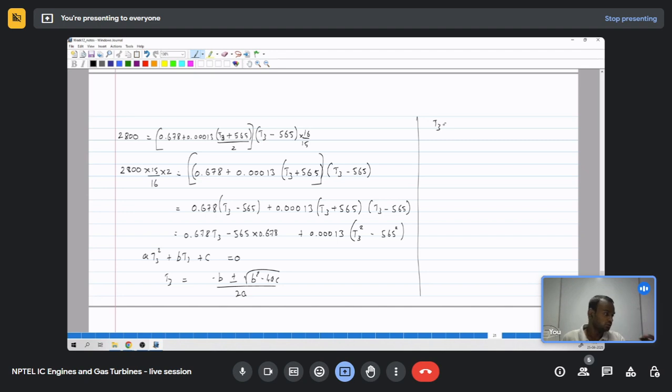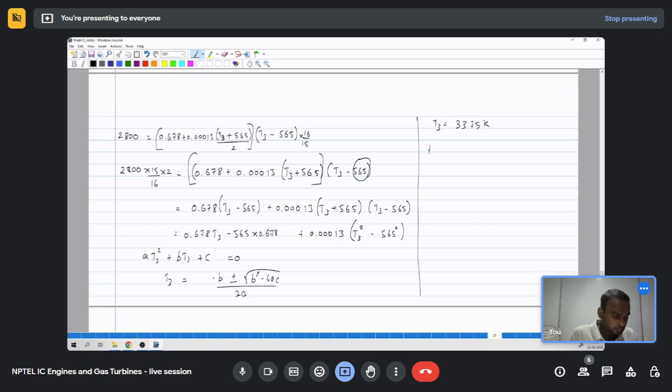If you have a calculator like this Casio FX991MS, you can also solve this directly. You can just enter this equation and then give solve, and you might have to give an initial value, and in this case initial value you can start from this initial temperature 565 and then solve. So if you solve in either way you will end up in value 3375 Kelvin.